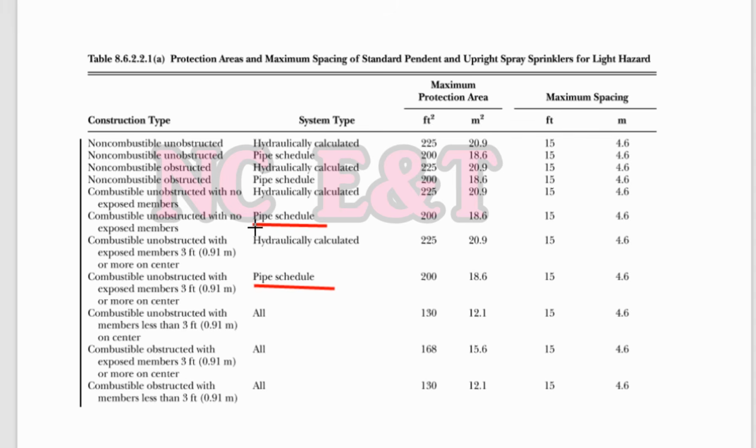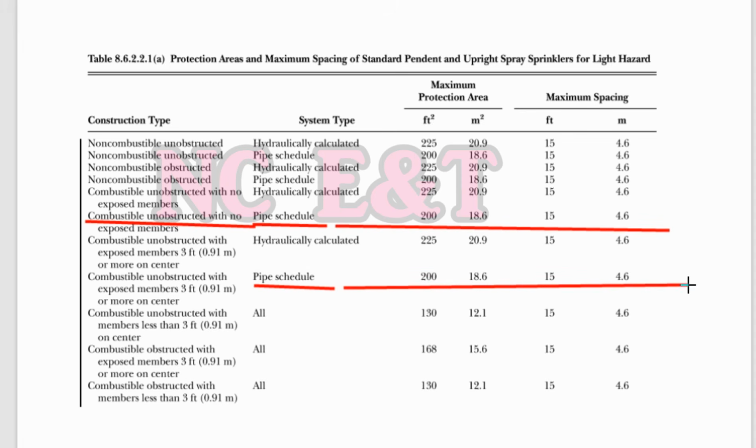We have two pipe schedule methods here, combustible and obstructed. So we have the maximum protection area for the pipe schedule method, 200 square feet, and the maximum spacing between two sprinklers is 15 feet. It is for light hazard.